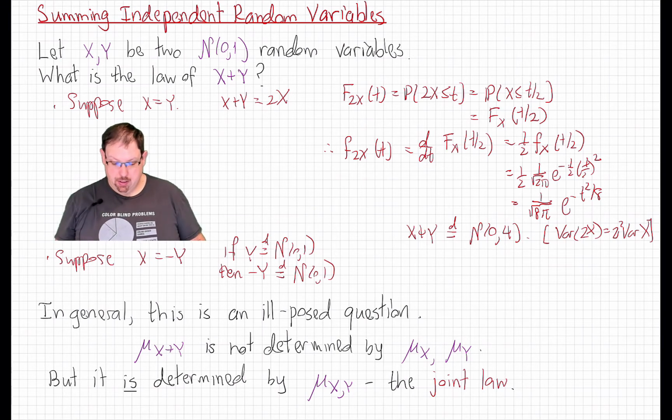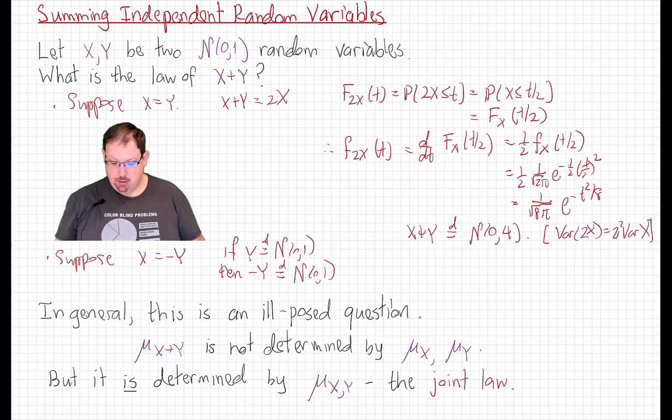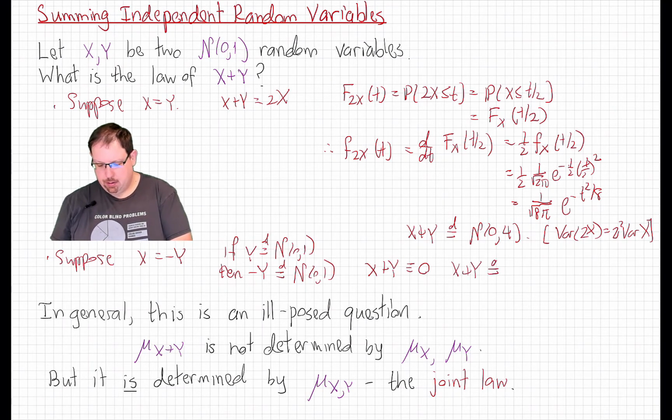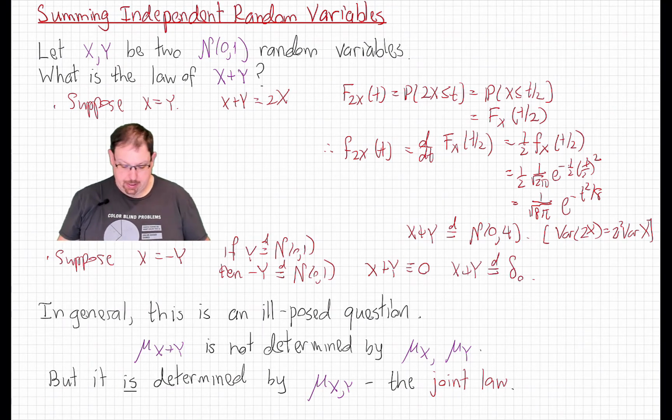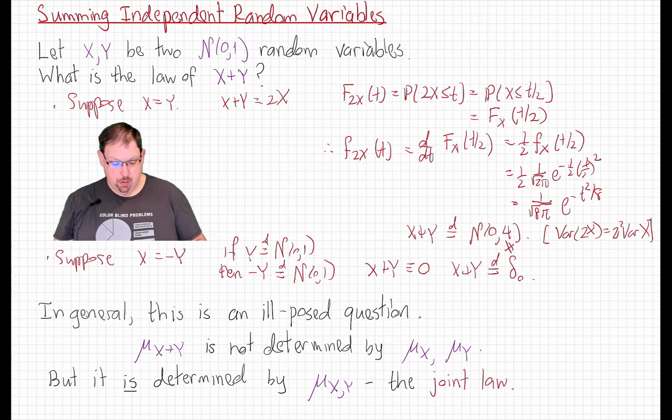If I do the same kind of calculation, I will see that by plugging in minus t for t, I don't change the result. But in this case, X plus Y is identically 0. So the law of X plus Y in that model is a point mass at 0. So we see, since these two are not equal, that this question is just not well posed.